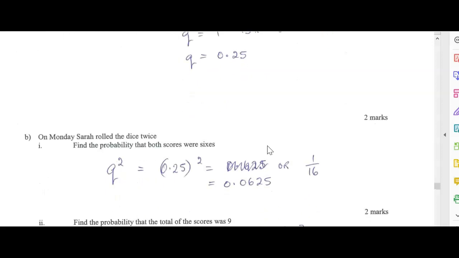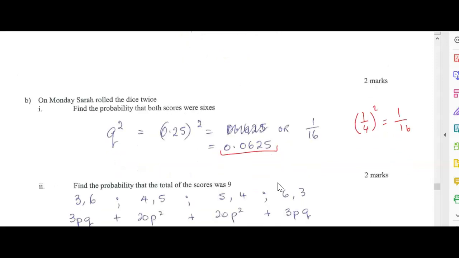So Q is representing the probability of a 6, so 0.25 squared. If you wanted to do that without a calculator, 0.25 is a quarter, you're just squaring that. 1 squared is 1 and 4 squared is 16. This also gives you a terminating decimal. So when you have a terminating decimal, write all decimal places like you have here. Do not do any rounding.